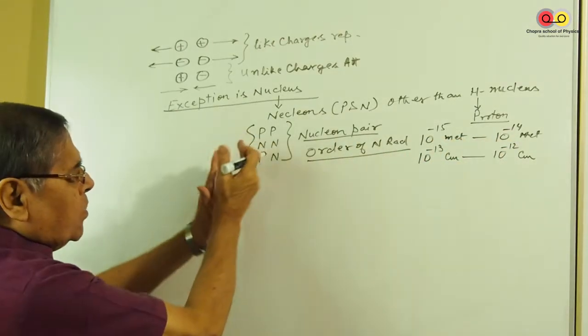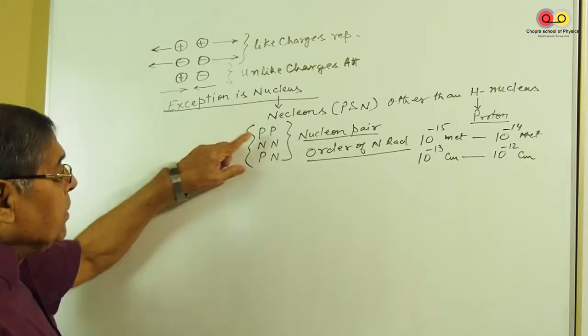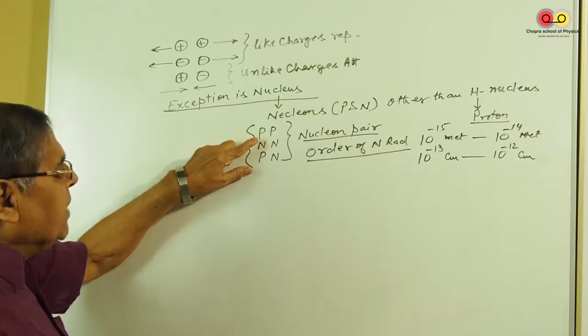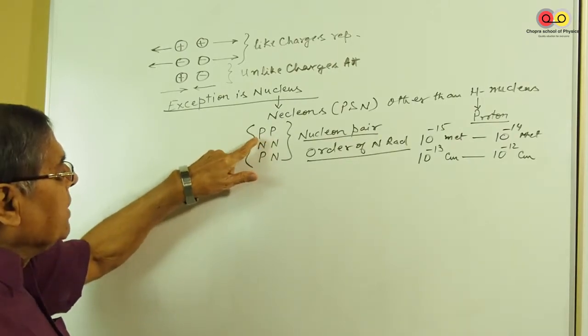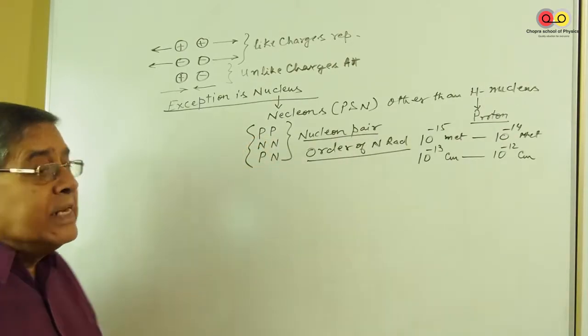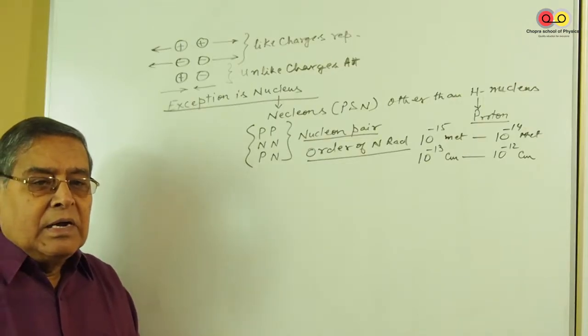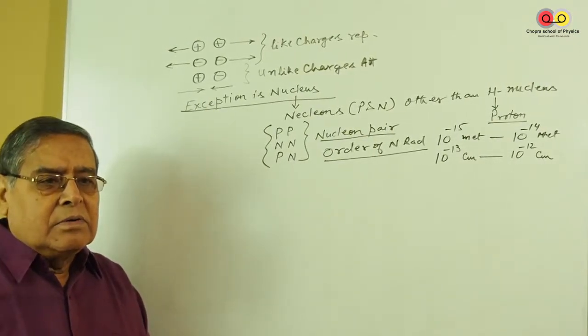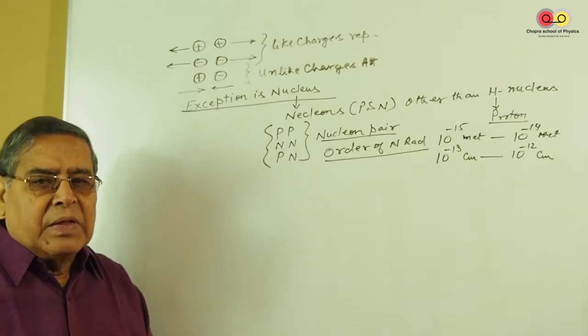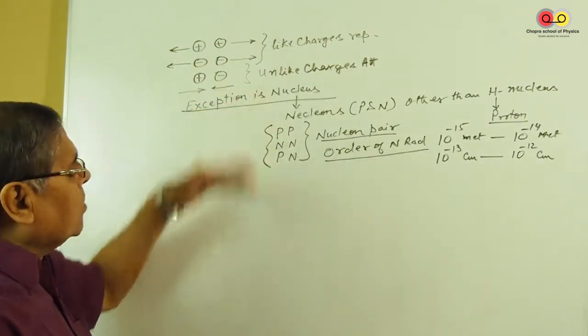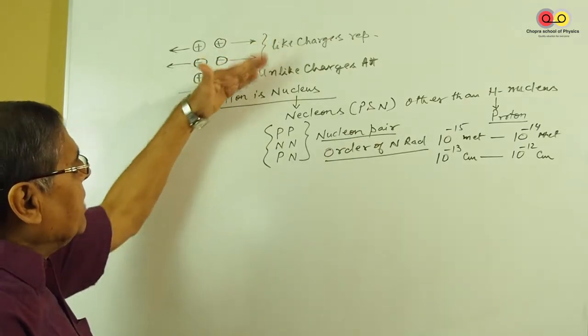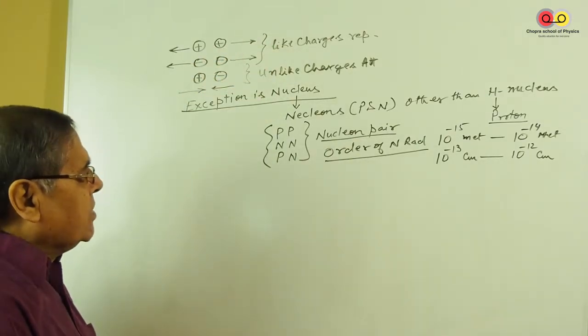They are very close. Within the nucleus, from many experiments, we have confirmed that two protons within the nucleus have a tendency of attraction as well as a tendency of repulsion. However, they have positive charges. According to this law, like charges repel and unlike charges attract.